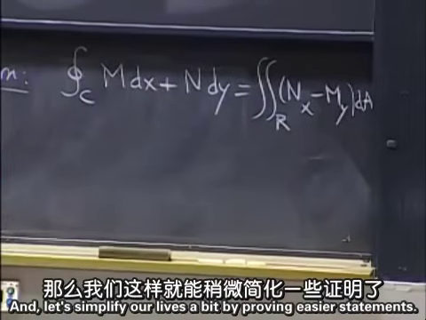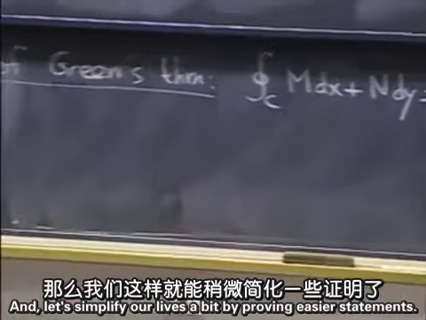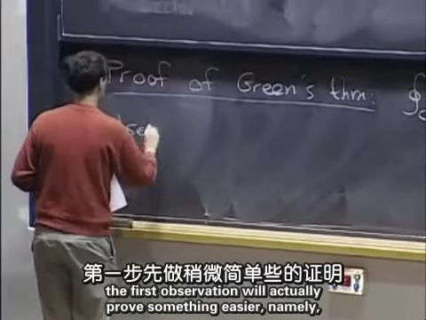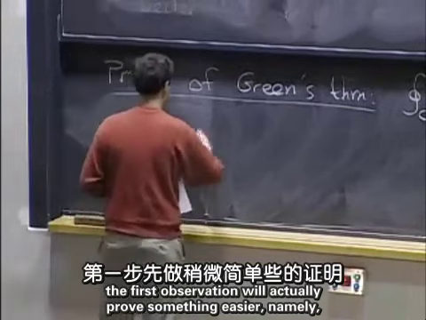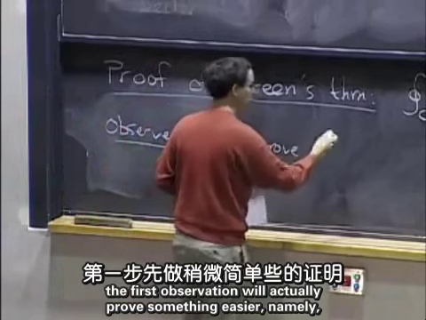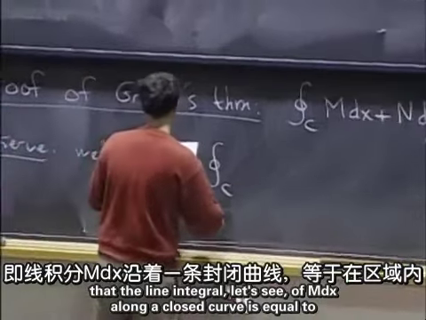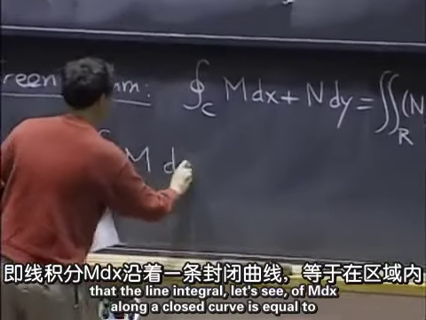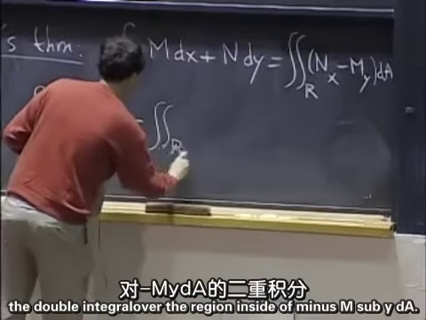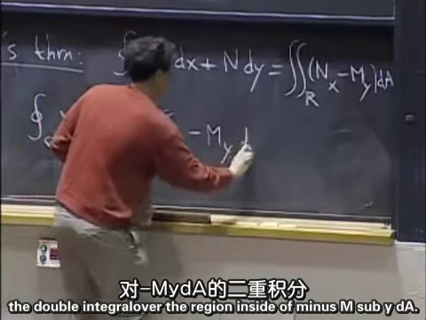And let's simplify our lives a bit by proving easier statements. So actually, the first observation is that we will actually prove something easier, namely that the line integral of M dx along a closed curve is equal to the double integral over the region inside of minus M sub y dA.